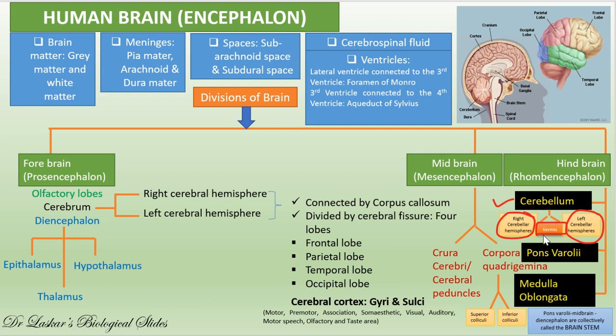So this is the central part of the cerebellum. So cerebellum is partially divided into three lobes. Central part is called vermis, and two lateral lobes called right cerebellar hemisphere and left cerebellar hemisphere.